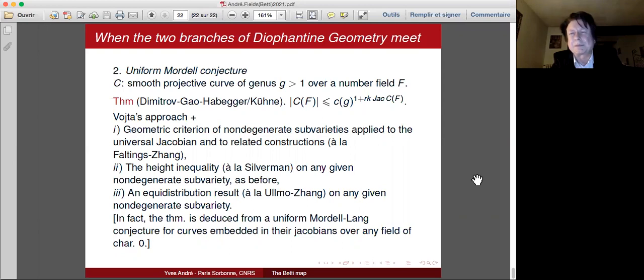I have a few questions. So one thing is, why is this map, the Betti map, going to the real torus of dimension 2G? It's called the Betti foliation.